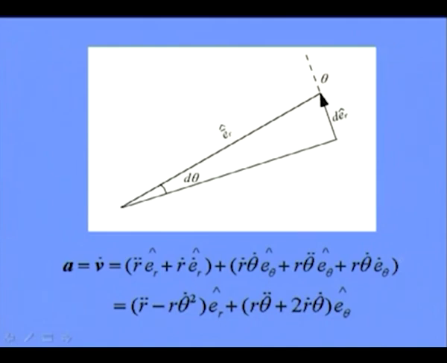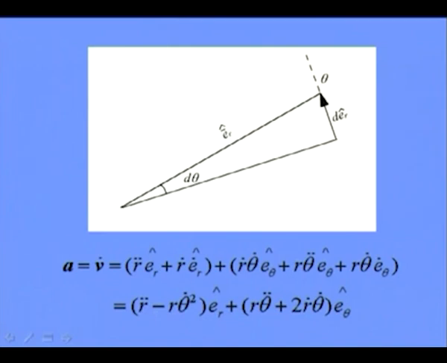So this expression simplifies to (r double dot minus r theta dot square) er plus (r theta double dot plus 2 r dot theta dot) e theta. Unit vectors er and e theta are orthogonal to each other.